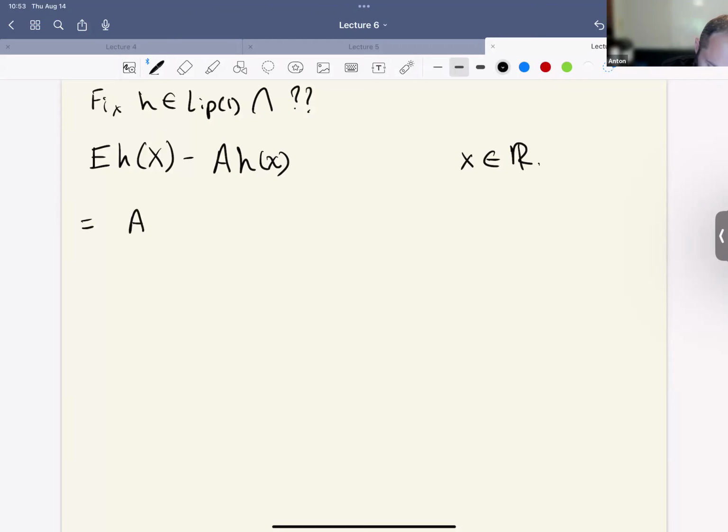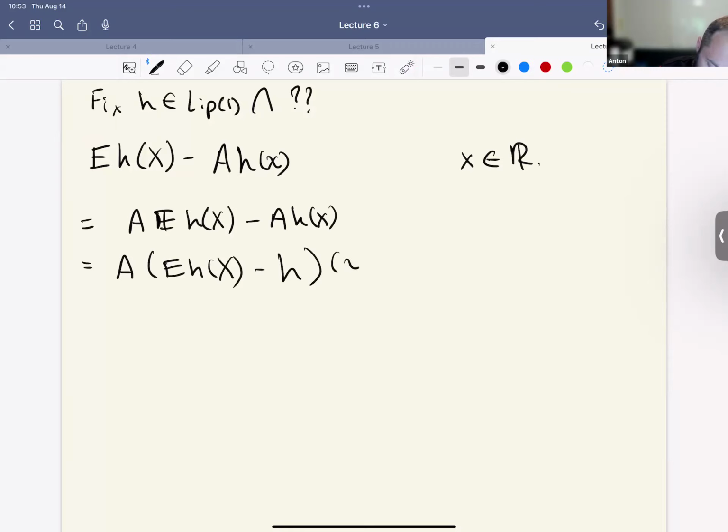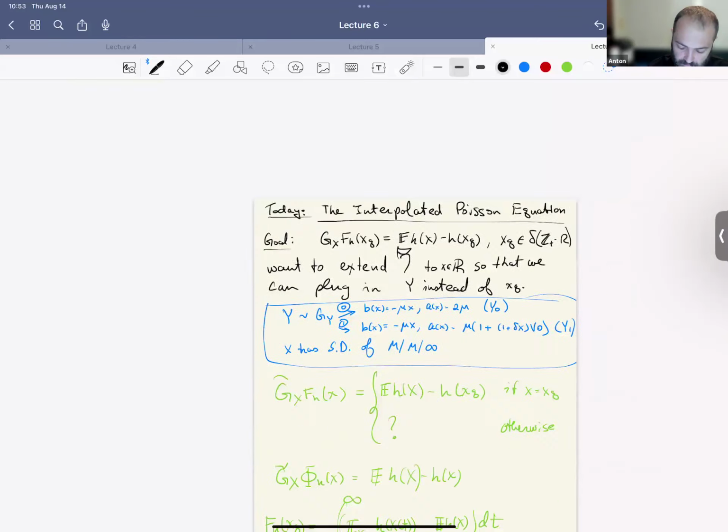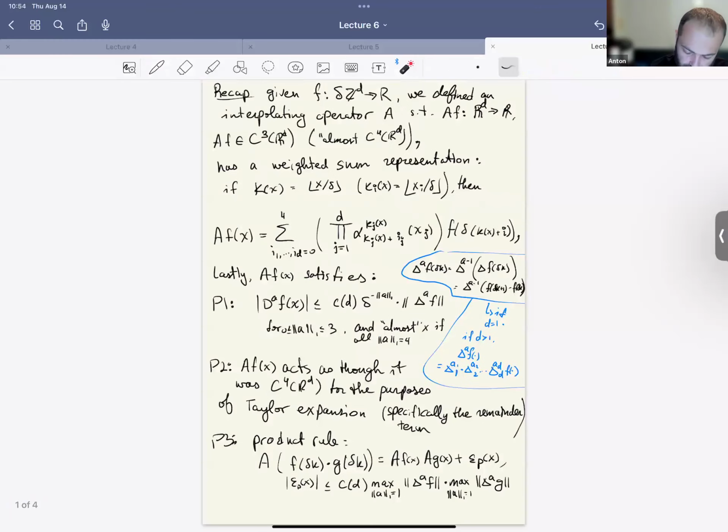Now, I'm going to say the first equality is because A applied to a constant is that constant. It's a constant function. The next equality is because A is actually a linear operator. That was never a property I mentioned explicitly, but if you want to convince yourself that's true, you look at this form.